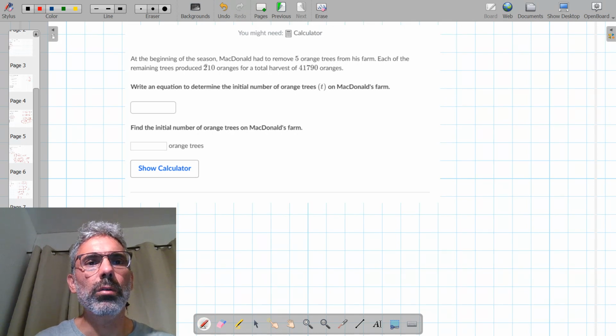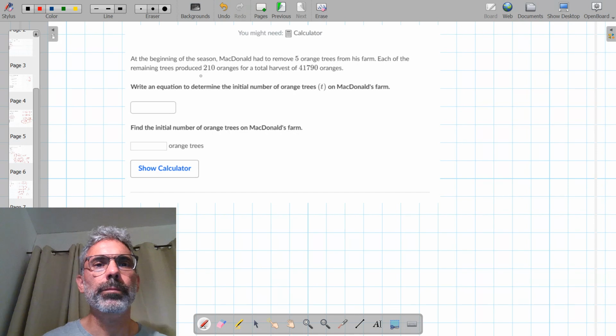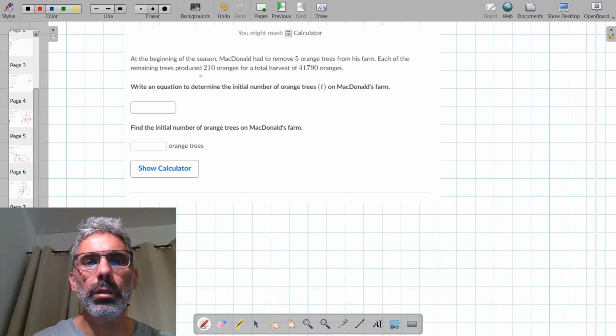At the beginning of the season, McDonald had to remove 5 orange trees from his farm. Each of the remaining trees, okay, so the initial number of trees is unknown.